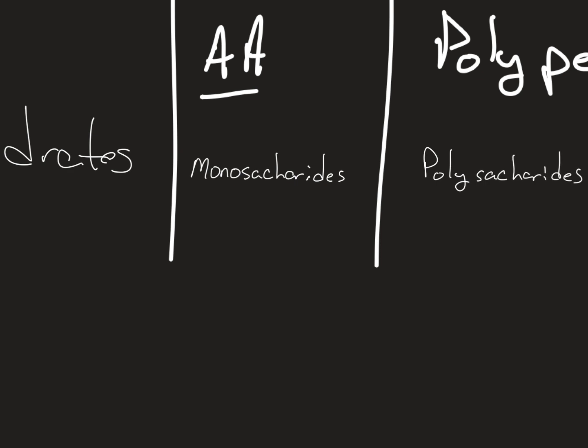The monosaccharides are, remember, glucose, galactose, fructose. Those are the ones we talked about in class. And, of course, ribose. And, of course, deoxyribose.